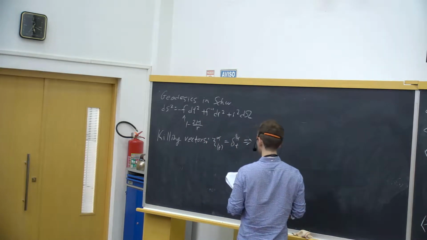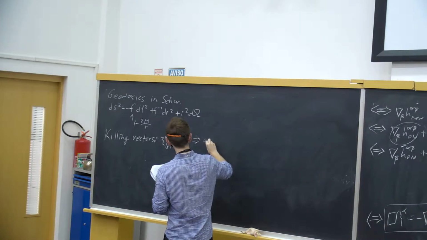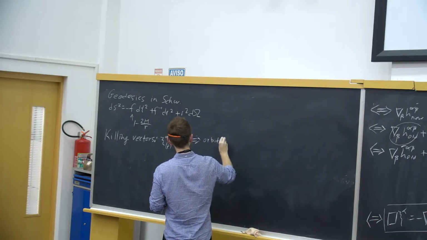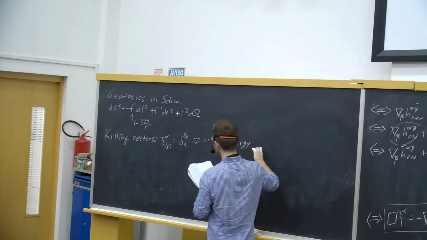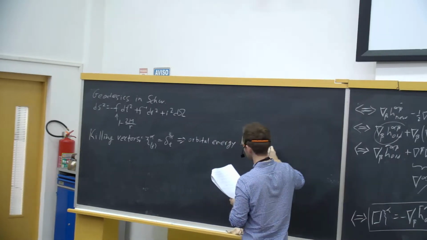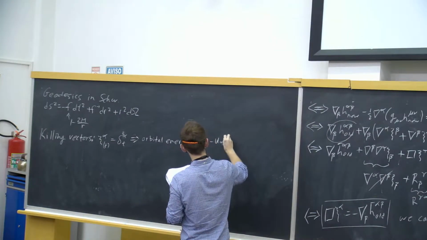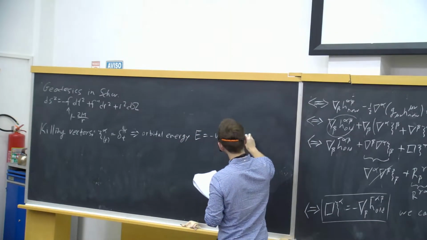And for each Killing vector, we have an associated conserved quantity along geodesics. So this gives us the orbital energy, E, which is minus u_alpha contracted into z_t. That's a constant of motion.